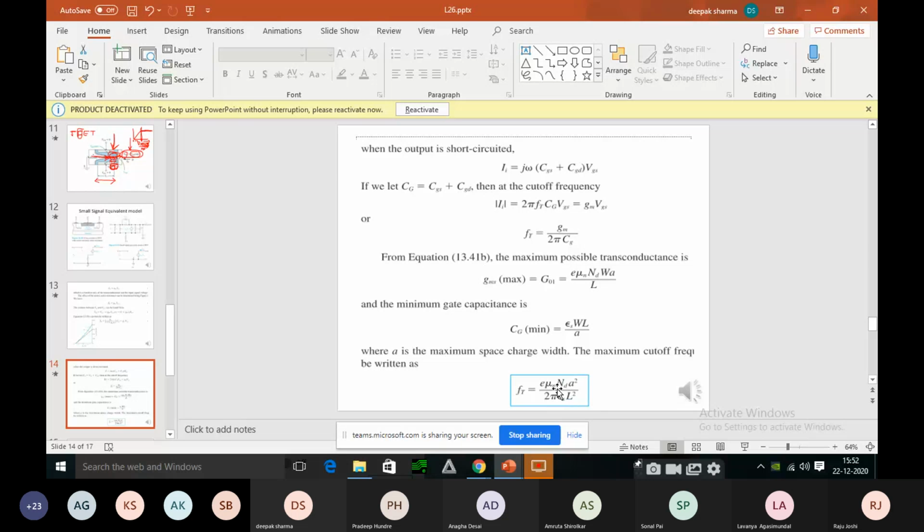Okay. So actually in detail it is not given how this G is E into mu n into nd into WA by L. That is not given actually, right? So you just try to remember this final equation, right?